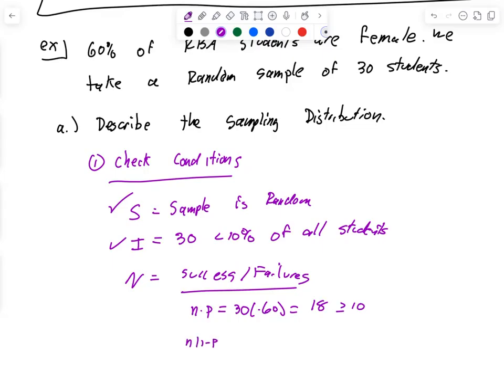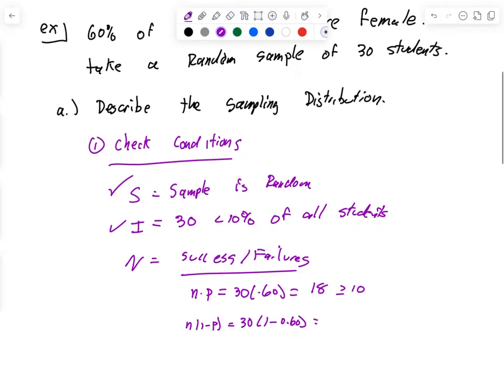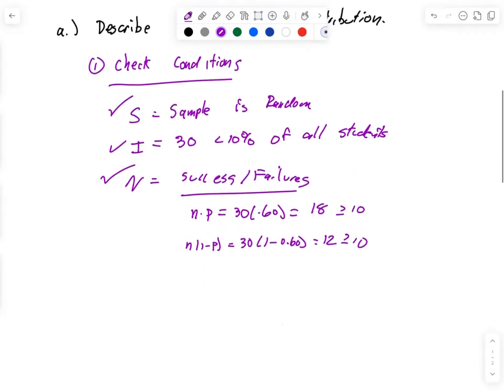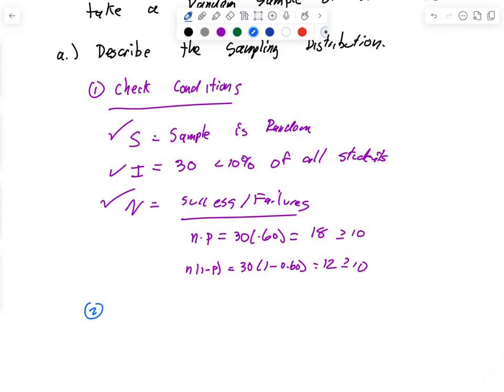N times 1 minus P is 30 times 1 minus 0.60. If 18 said yes, how many said no? You can do the math on your calculator. We get 12. Is that at least 10? It is approximately, we have to say the word approximately, normal.